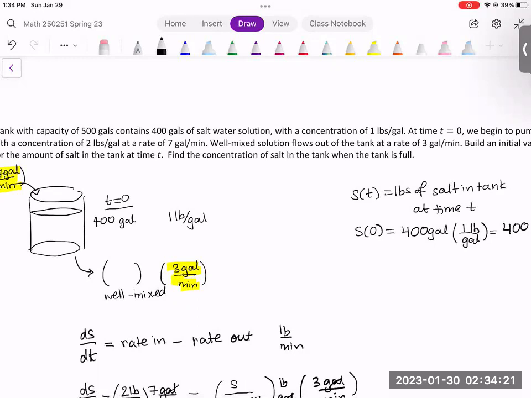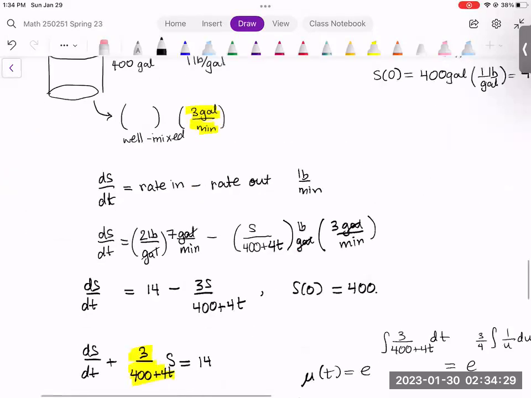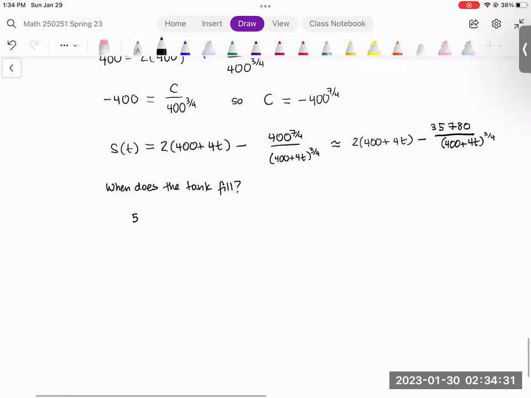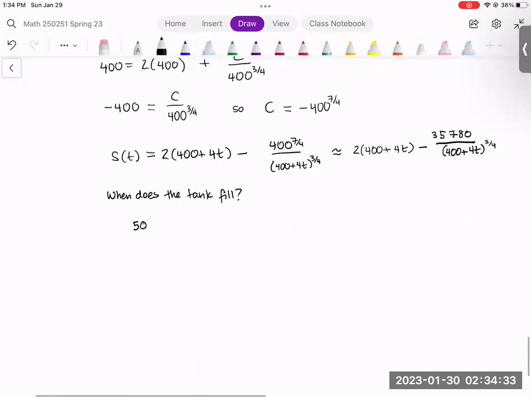And our rate of adding solution is 7 gallons per minute. Our rate of losing it is 3 gallons per minute. So we have 500 equals 400 plus 4t. So 100 is 4t. And so the time to fill is going to be 25 minutes.